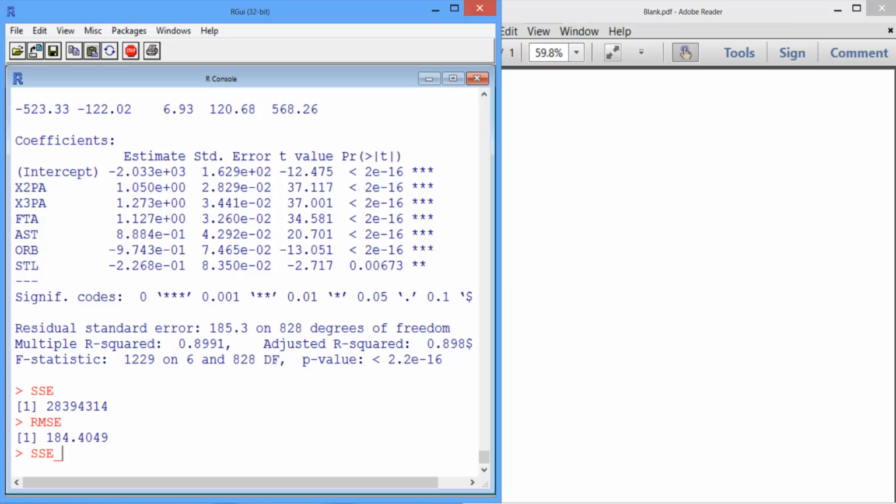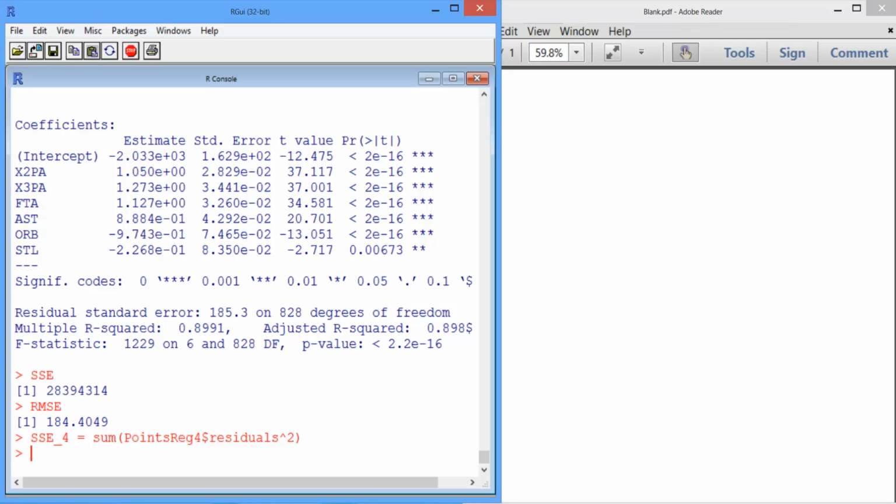And let's call this sum of squared errors 4. So that will be the sum of points-reg 4, $ residuals squared, and the root mean squared error 4 will be the square root of sum of squared error 4 divided by, again, the number of rows in the data set.